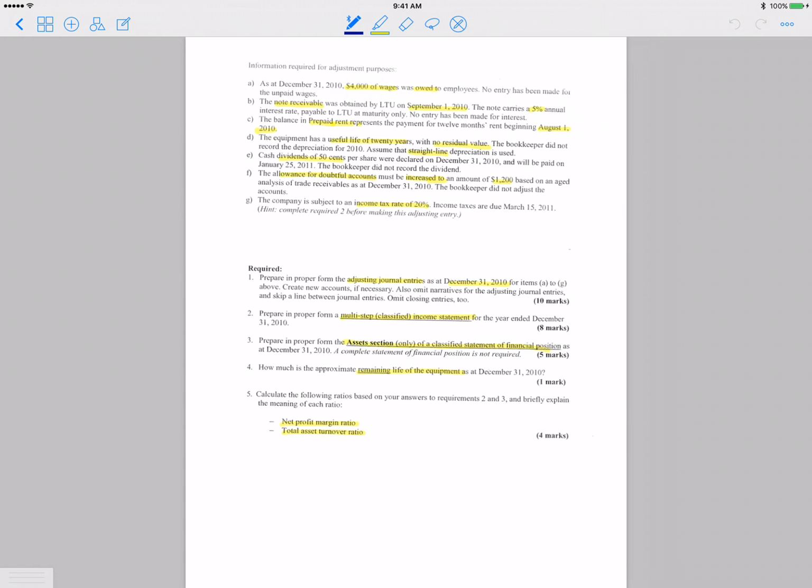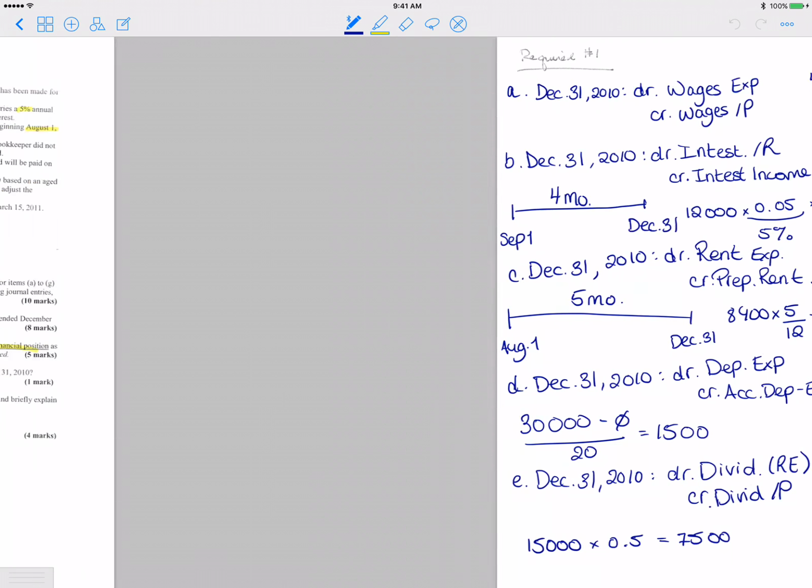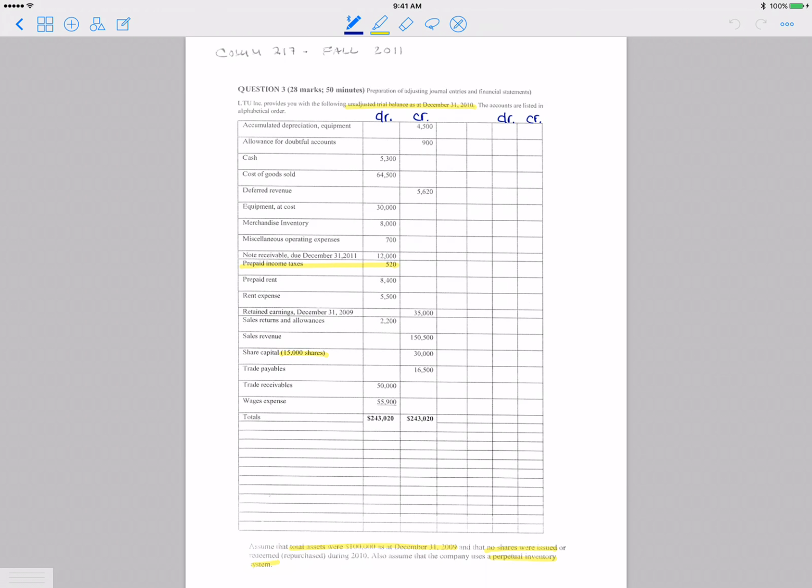I'm going to go through just the first few, and then I'll do it a bit quicker. When we're looking at wages expense and wages payable, we have $4,000 that were added. So we already have a wages expense right here of $4,000 that needs to be added, but we do not have a wages payable. So let's create a new account called wages payable, with a credit balance of $4,000.